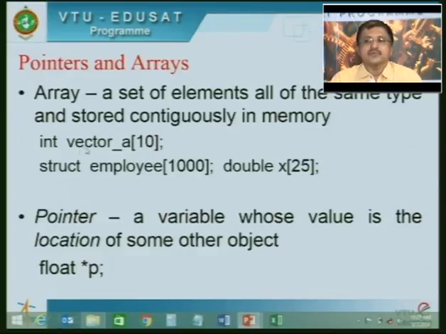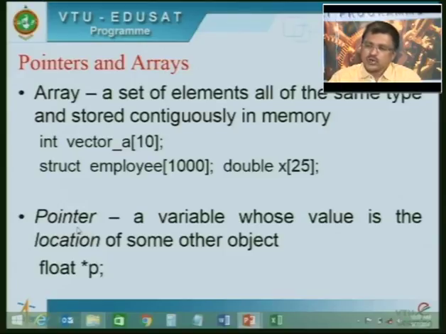It declares an array named vector a of 10 locations, and each of those locations can hold an integer. Similarly, you can also declare an array of user defined data type. So, struct employee 1000, I forgot to mention the type, you should mention a data type. Then double x 25.